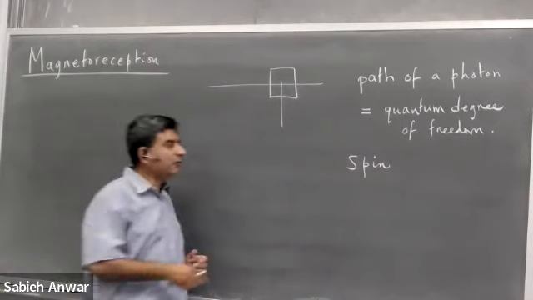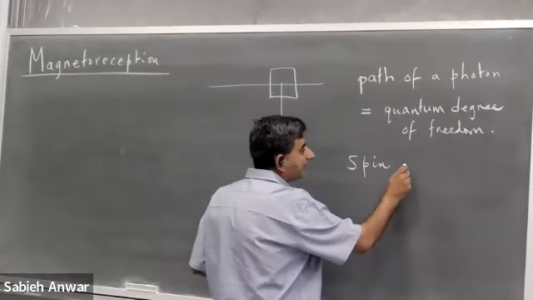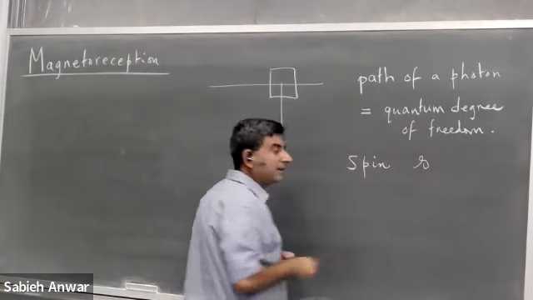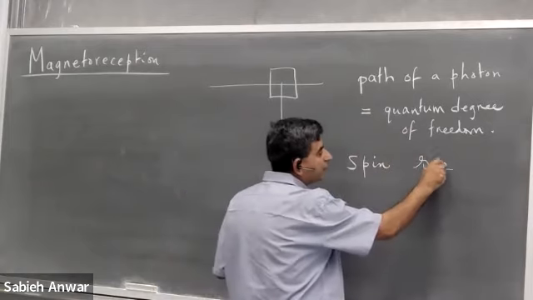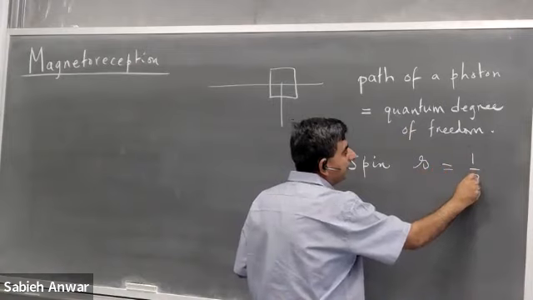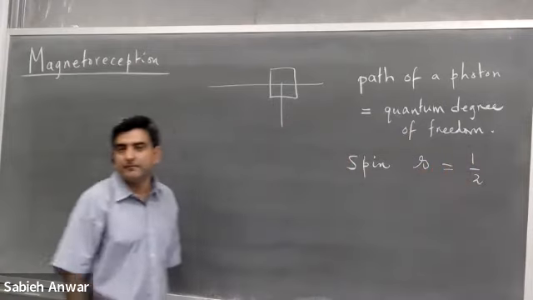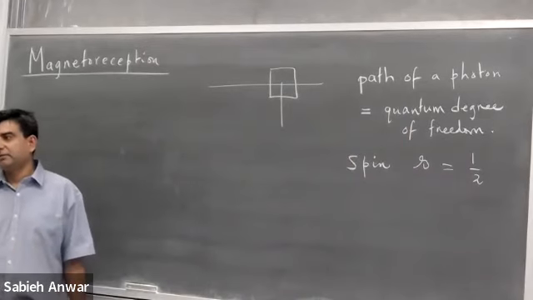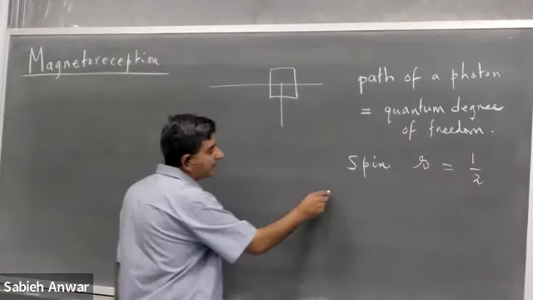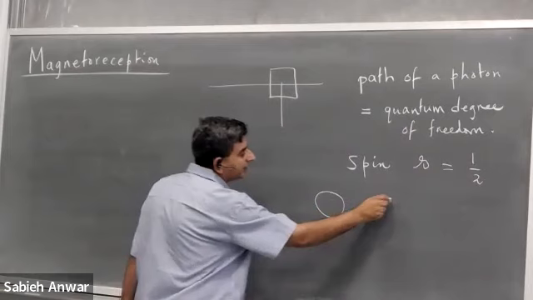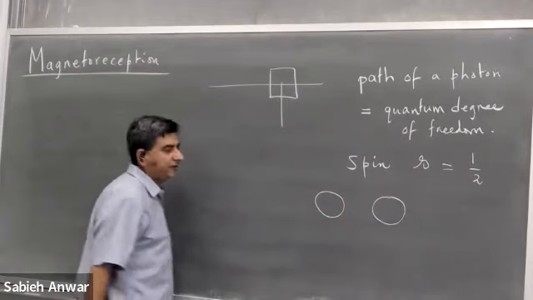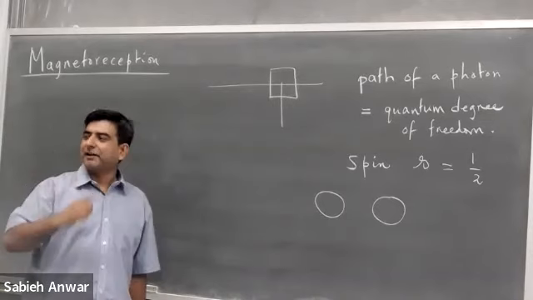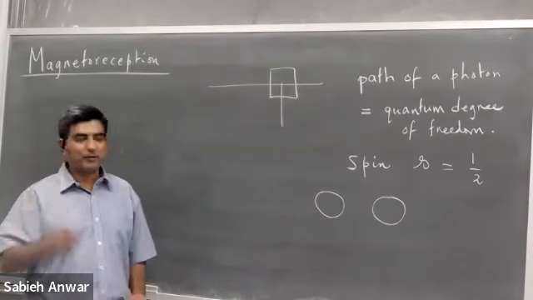And we know that the electron has a property called the spin quantum number. And for the electron, this value is 1/2. So the electron is a spin half particle. Now, in our cartoonish representations, we represent electrons by spheres, and we assume that they are rotating or spinning about their axis.